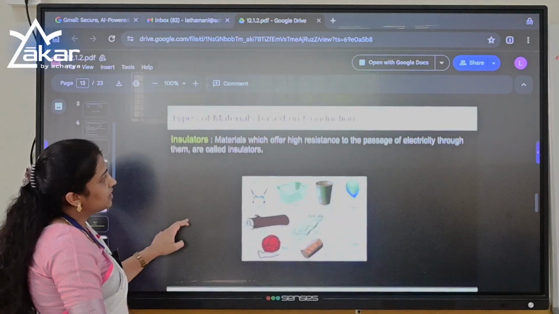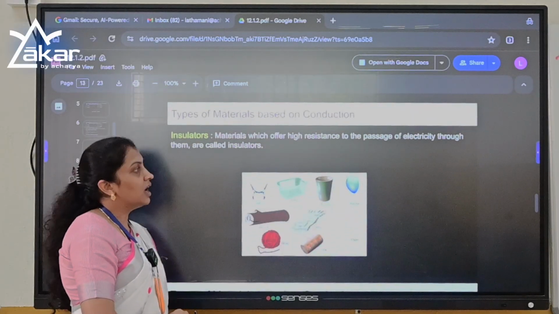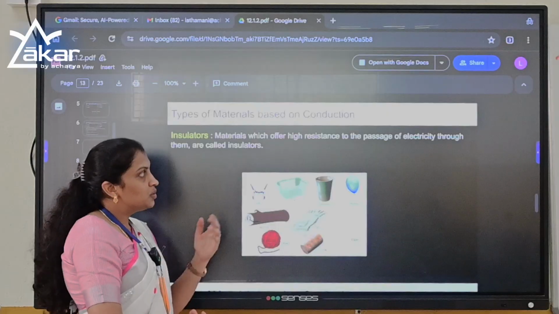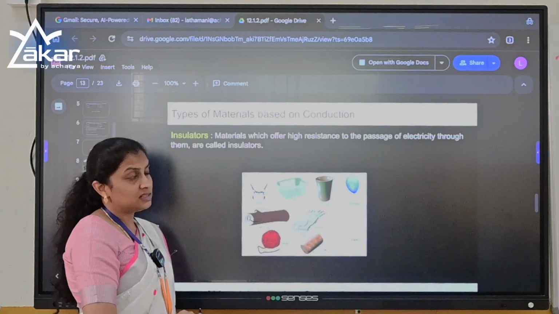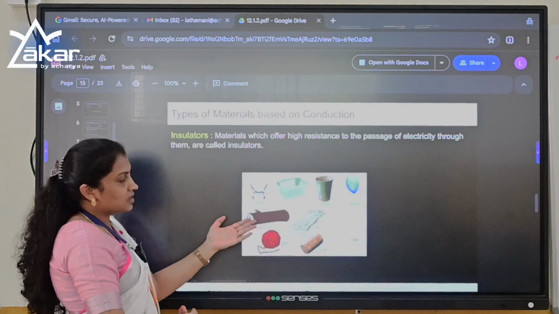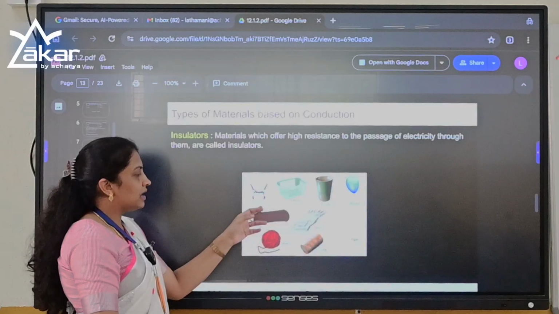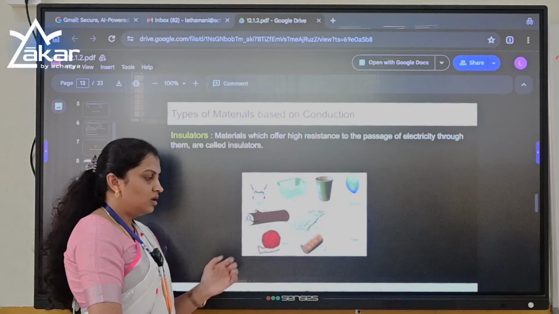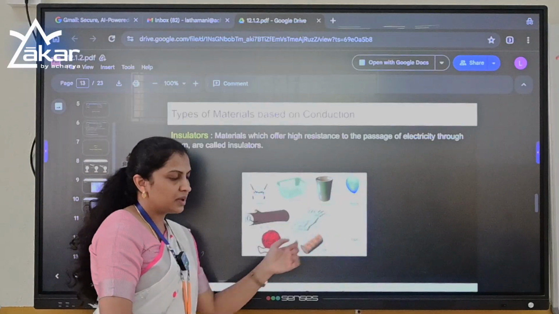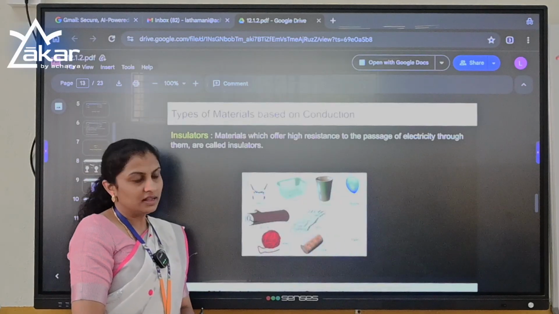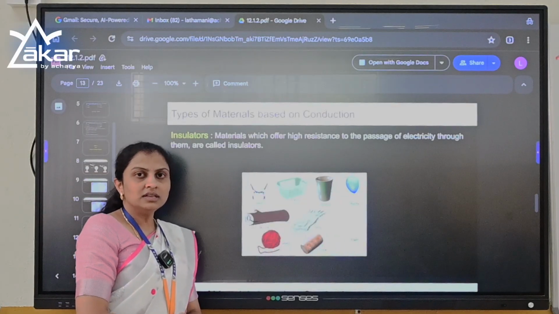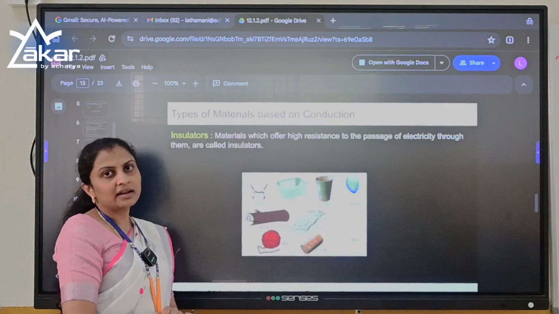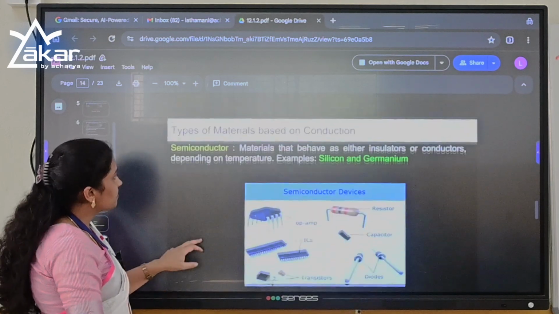And next is insulators. These materials offer high resistance to the passage of electricity. These are the examples of insulators: glass, plastic, ceramic, rubber, wood, wool, fabric, or paper. These do not allow electricity easily.